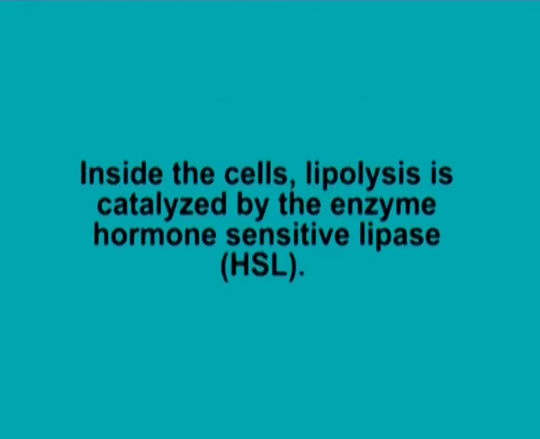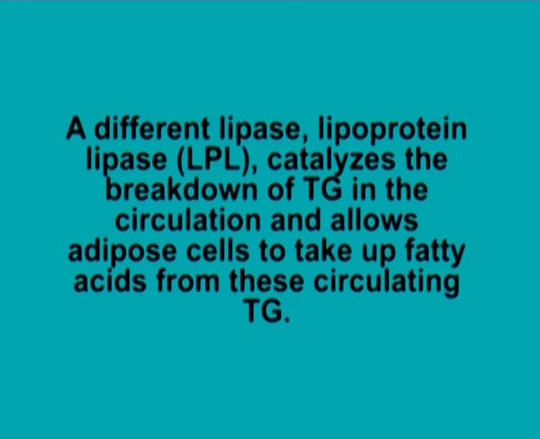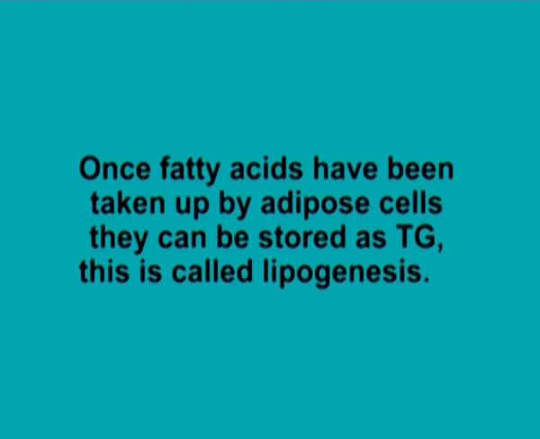Inside the cells, lipolysis is catalyzed by the enzyme hormone sensitive lipase, that is HSL. A different lipase, lipoprotein lipase, LPL, catalyzes the breakdown of TG in the circulation and allows adipose cells to take up fatty acids from these circulating TG. Once fatty acids have been taken up by adipose cells, they can be stored as TG.